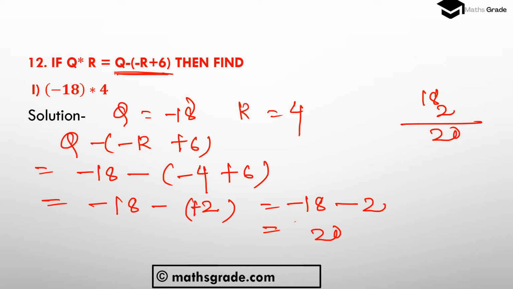So put the sign of the negative integer, that is the minus sign before the integer 20. Now the answer is minus 20. So minus 18 star 4 is minus 20.